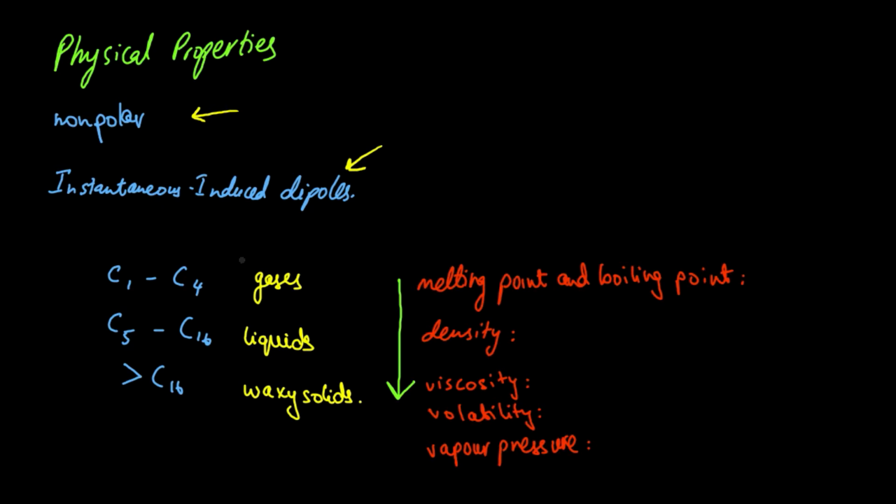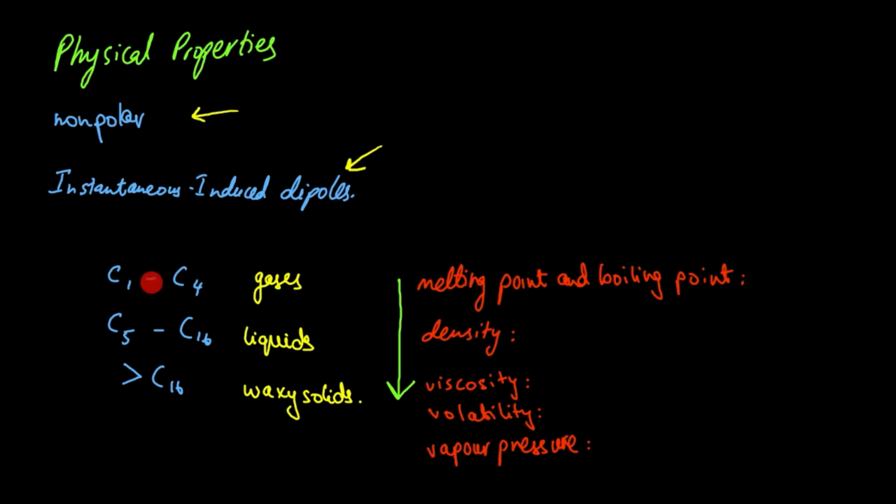What intermolecular force they contain is instantaneous induced dipoles, which can have a short form ID-ID, or temporary instantaneous induced dipoles. Now, what about the states in which these alkanes exist? They follow a pattern, okay? The beginning alkanes, meaning from carbon 1 to carbon 4, follow gaseous patterns.